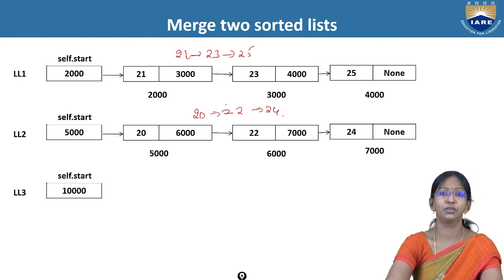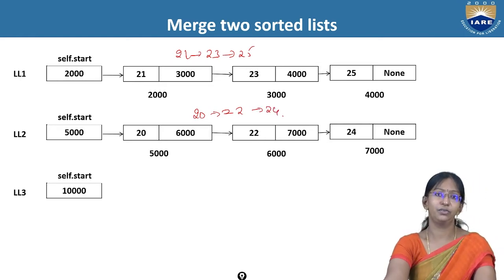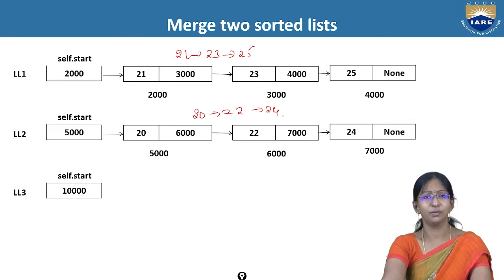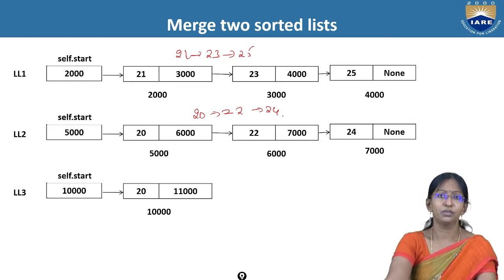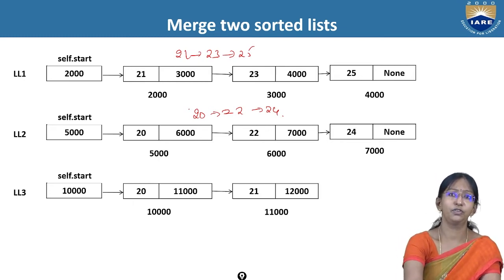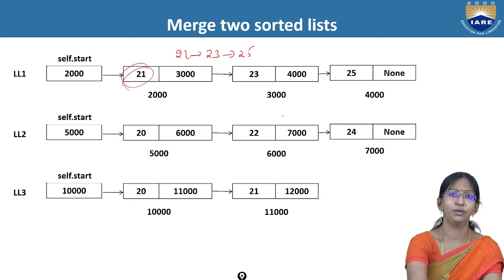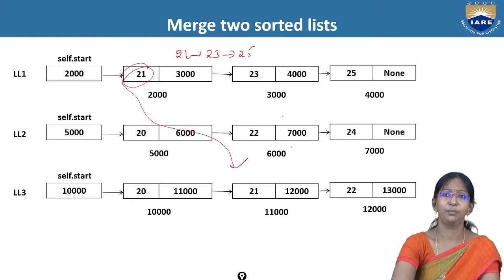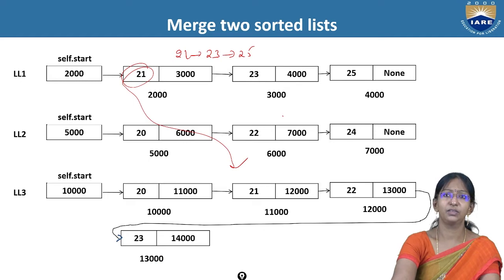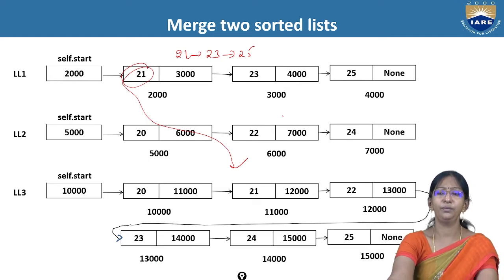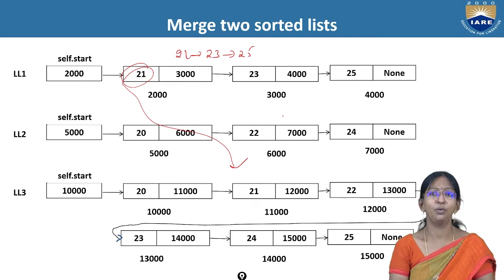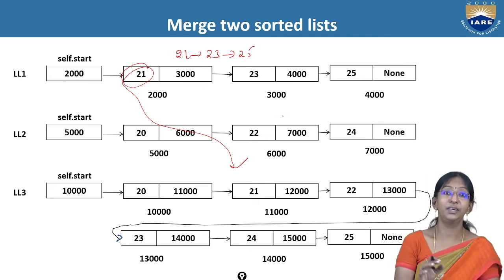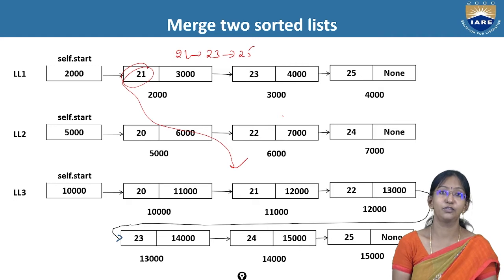Now I have to merge them into a third list, LL3, located at location 1000. Its first node will be 20. The second is the node fetched from the first list, which has the data 21. Next will be 22, then 23, 24, and 25. This is how I want my merged, sorted linked list to look.